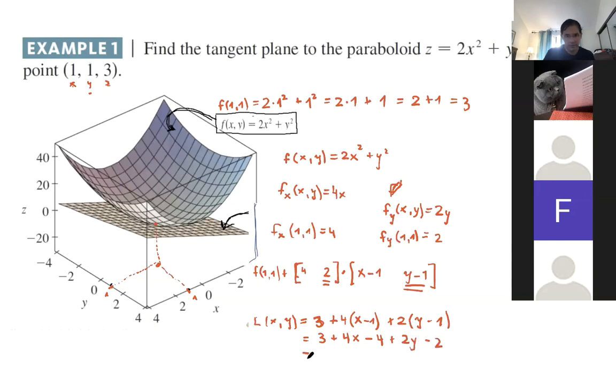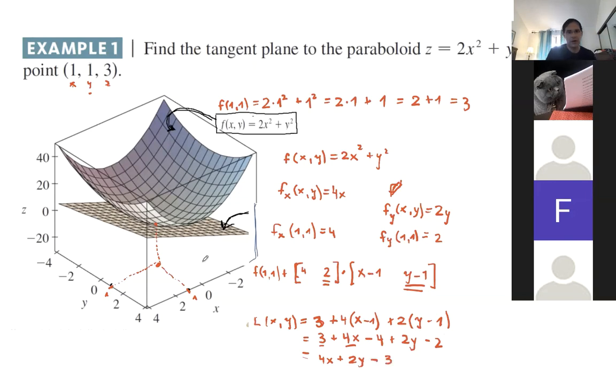So that will give me, let's say, this is 4x, and then plus 2y, and then, okay, what's the constant? So this is 3, negative 4, and negative 2, so it's negative 3.